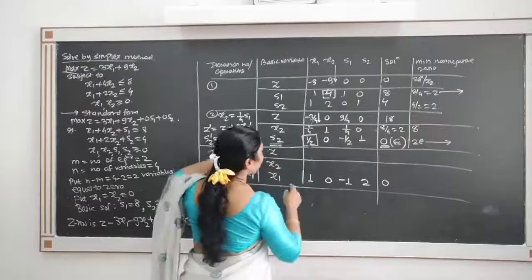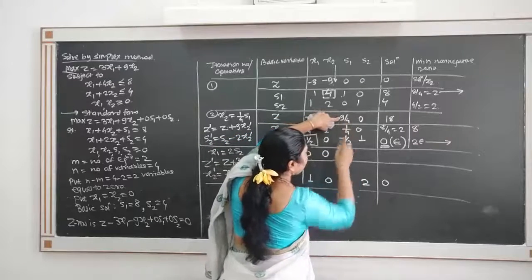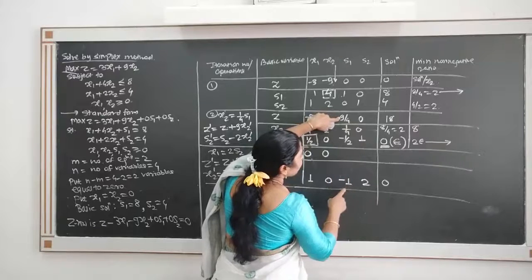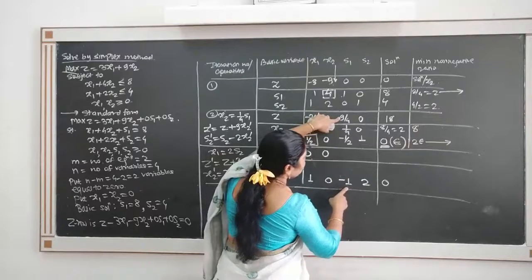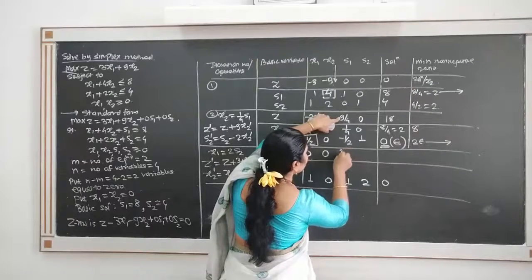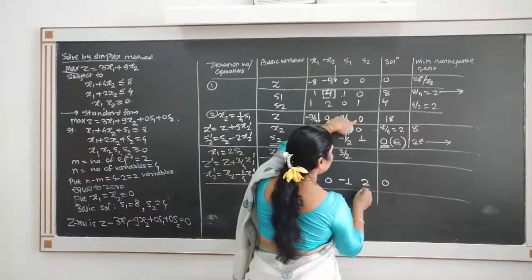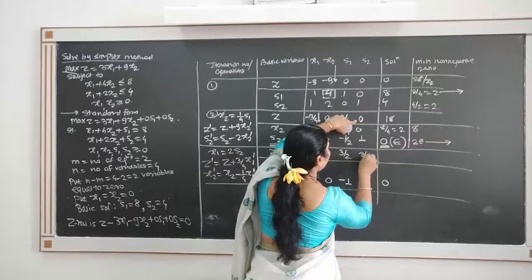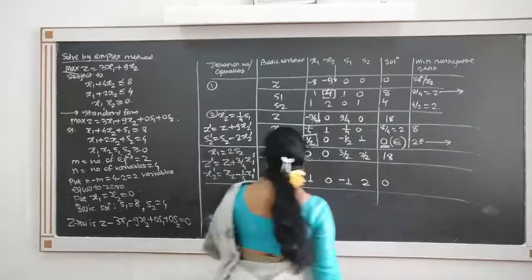Z plus 3 by 4 times 0, 0 plus 3 by 4, that is 9 by 4 minus 3 by 4. 9 minus 3, 6 by 4, that is 3 by 2. 0 plus 3 by 4, that is 3 by 2, and 18 plus 0, that is again 18.